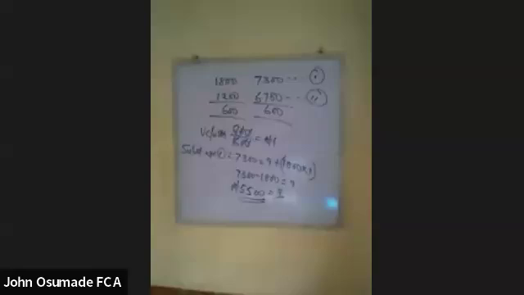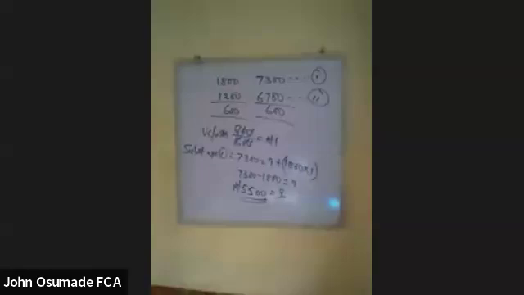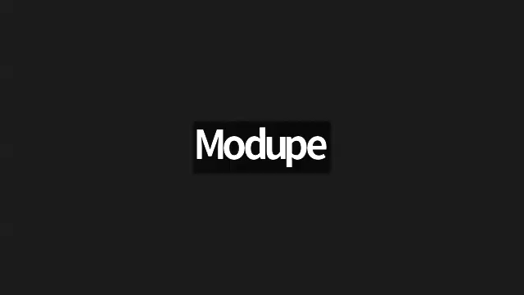Under cost, particularly under fixed production cost, we have the advanced variances that we need to calculate and look at.